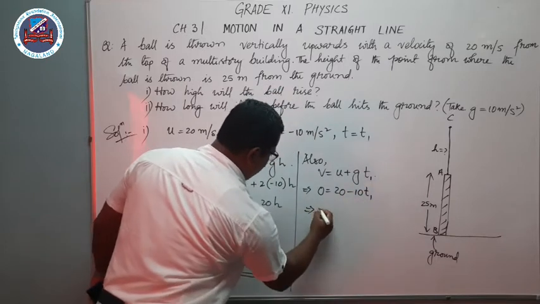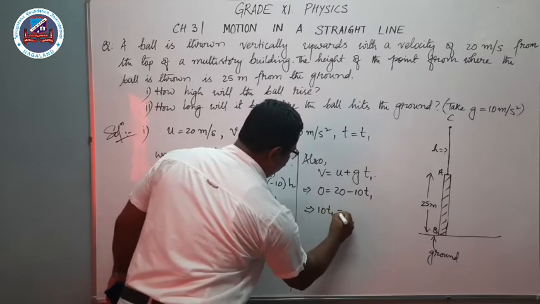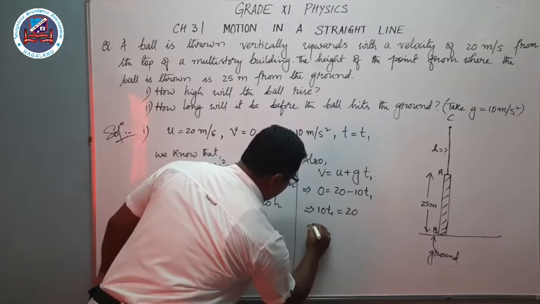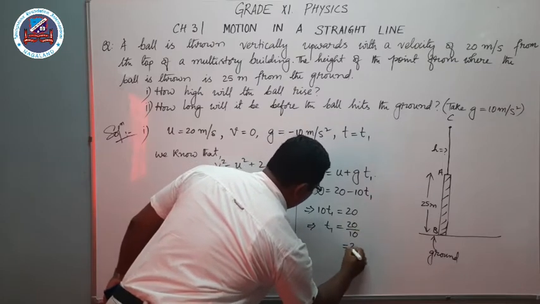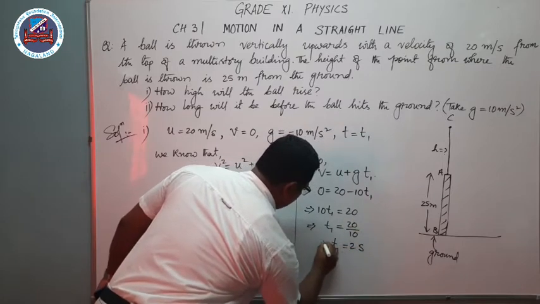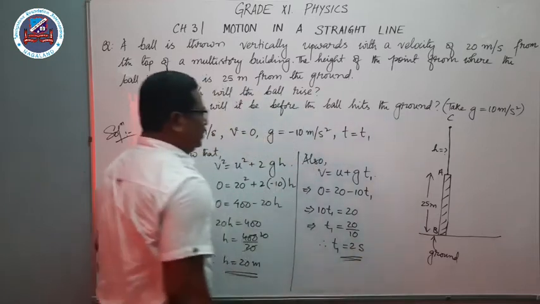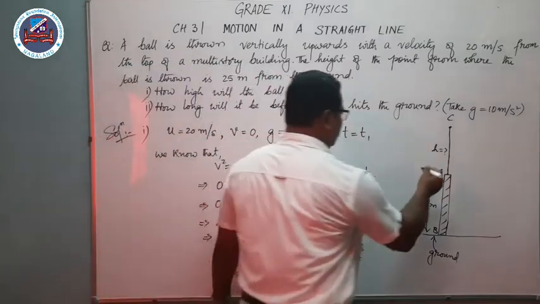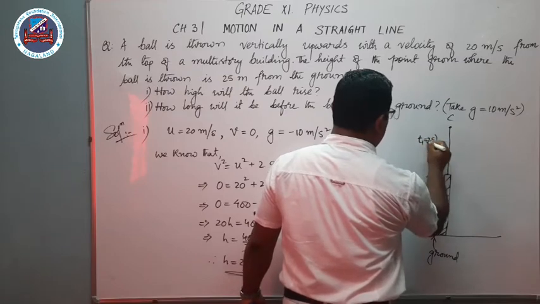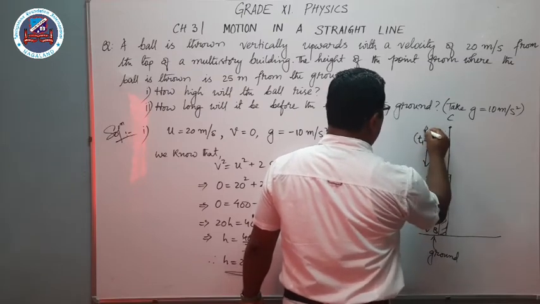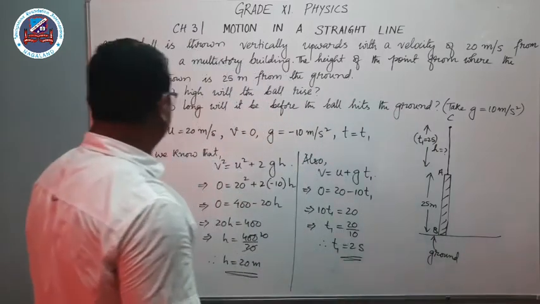So 10 T1, if you bring this side, will be 20. Like this you can find out T1 is equal to 20 by 10, which is 2 seconds. This way you can find out the time taken by the ball to reach from A to C. T1 is equal to 2 seconds. That is from A to C in the upward direction.